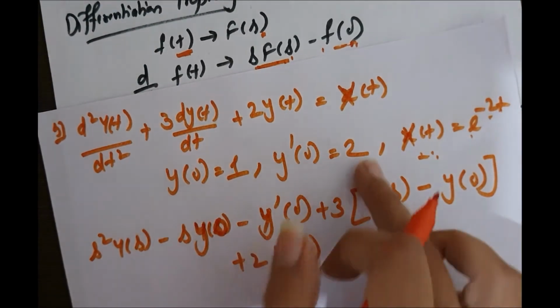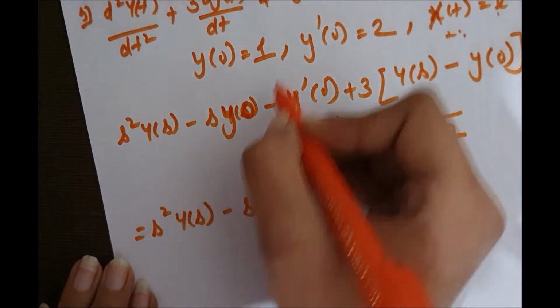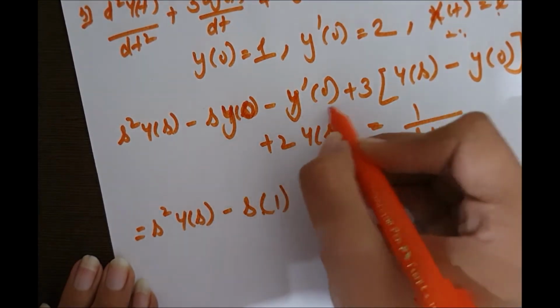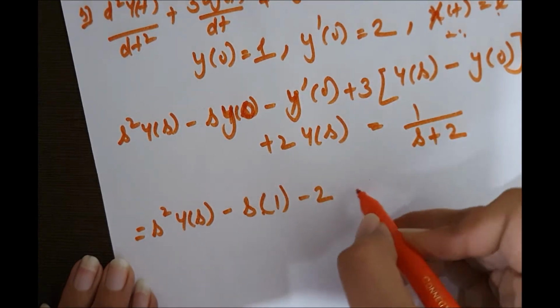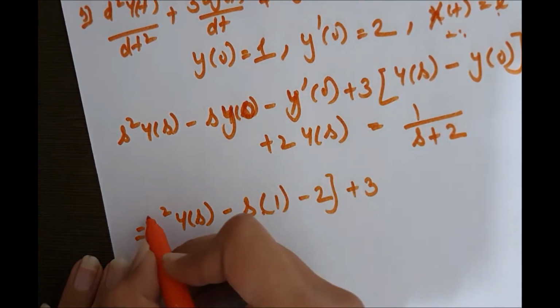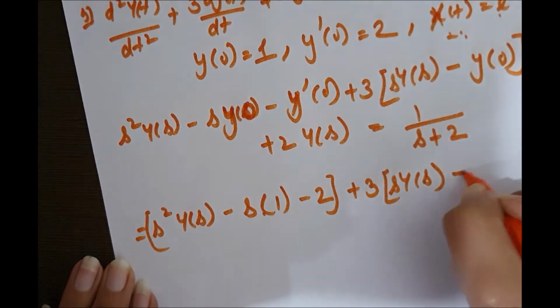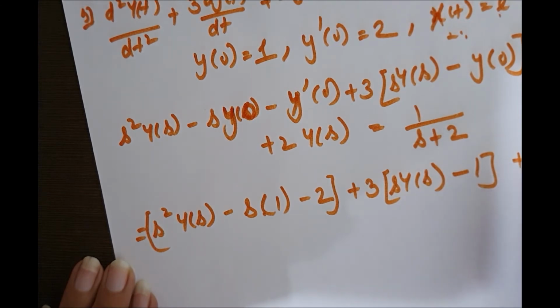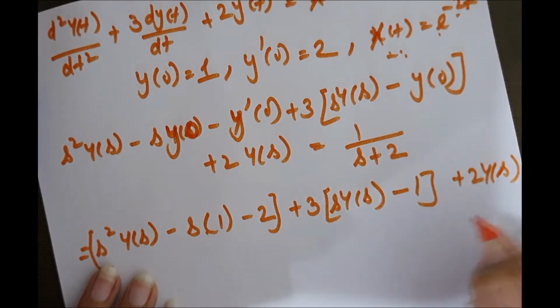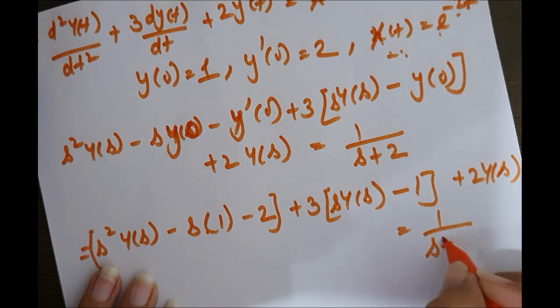Now apply initial conditions. Minus s, y(0) is 1, y dash (0) is 2 plus 3. Here sY(s), s minus y(0) is 1 plus 2 Y(s) is equal to s plus 2.